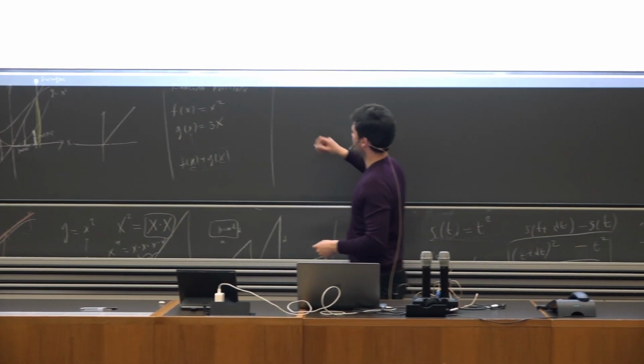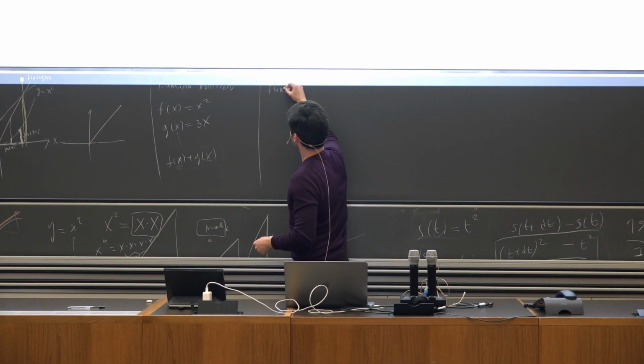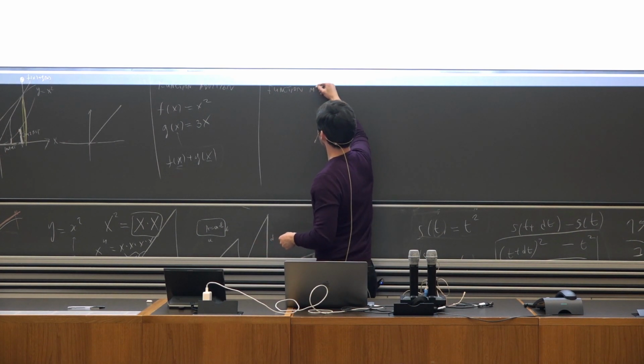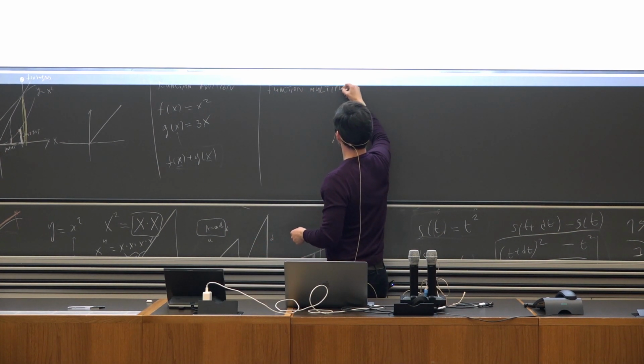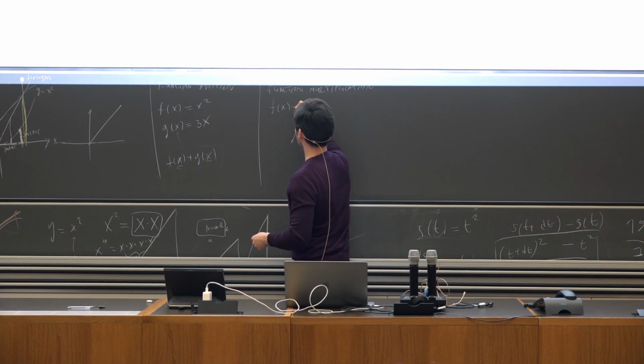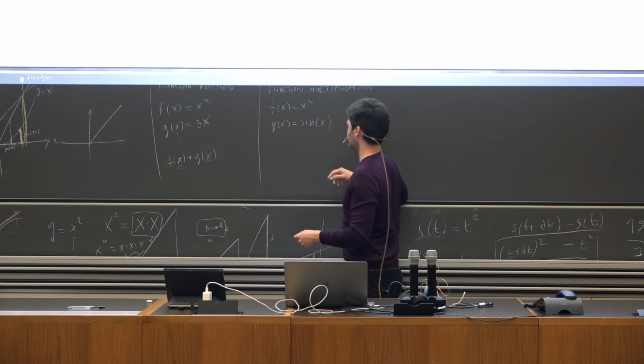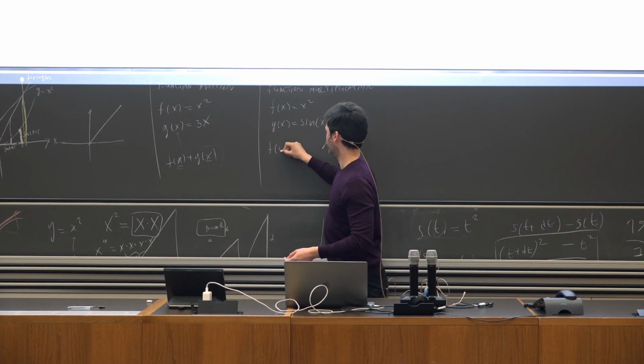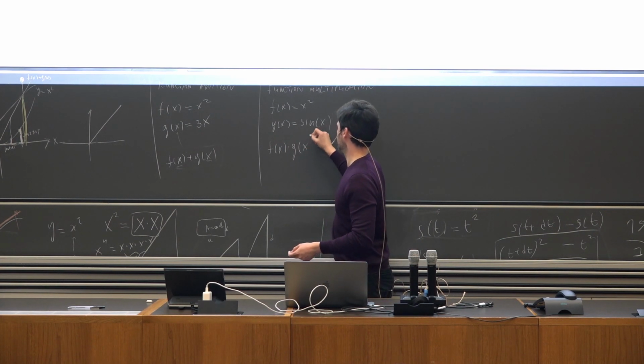Then let's see what function multiplication is. If we have again f of x equals x squared and g of x equals sine of x, the question is, what is f of x times g of x?